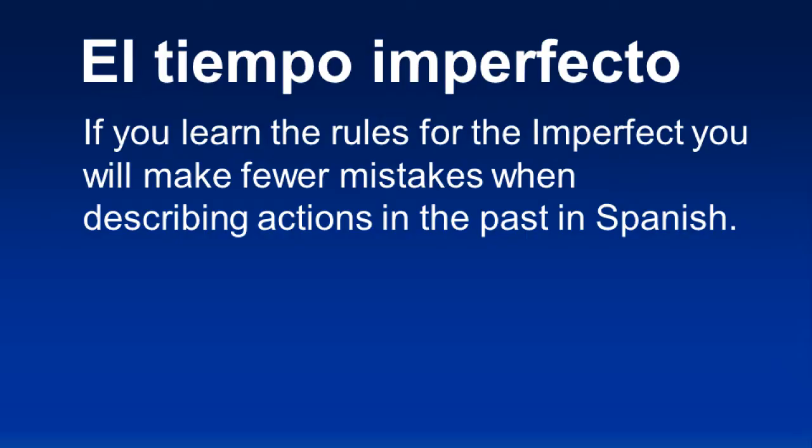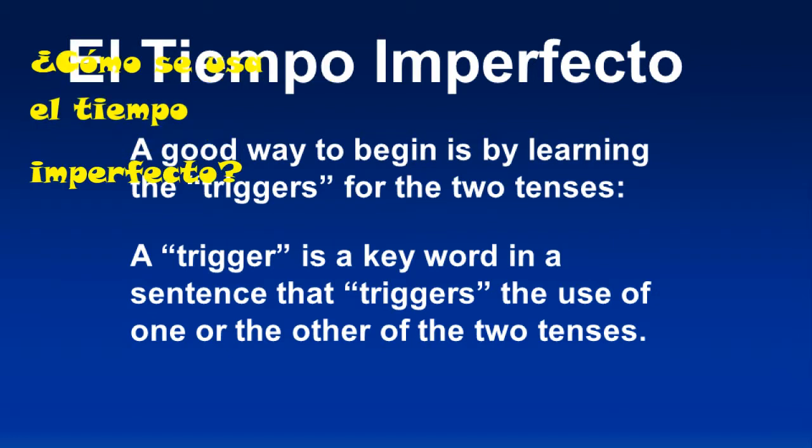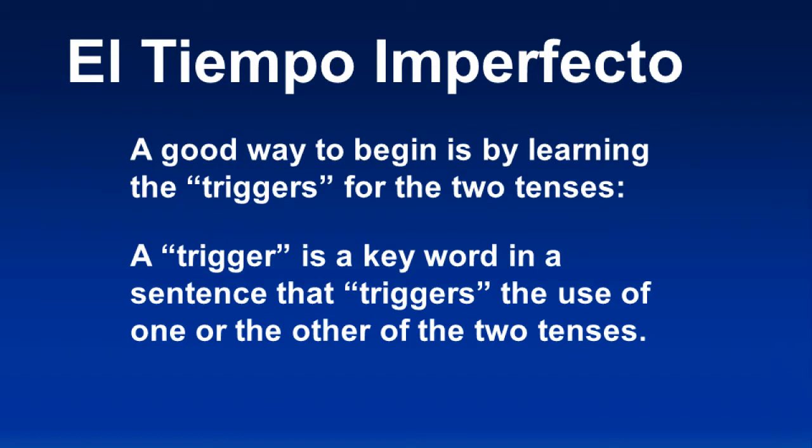Okay, let's talk about how to use the imperfect tense. If you learn the rules for the imperfect, you will make fewer mistakes when describing actions in the past in Spanish. Just like in part 1 of my presentation, a good way to begin is by learning the triggers for the two tenses. A trigger is a key word in a sentence that will help you to know which tense to use.